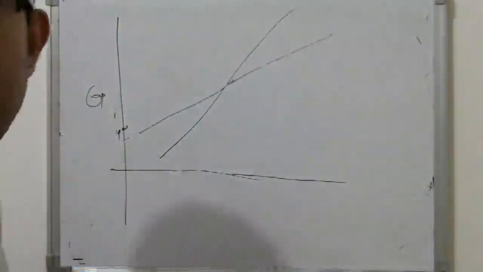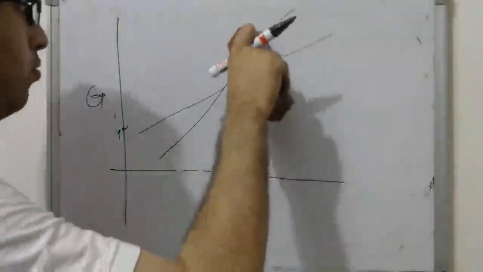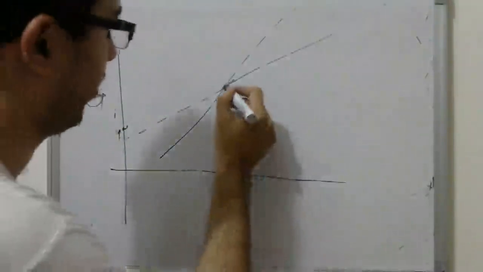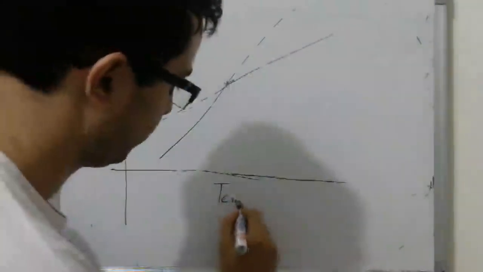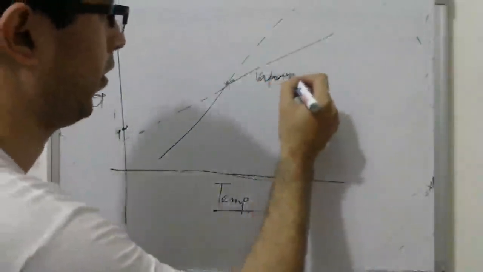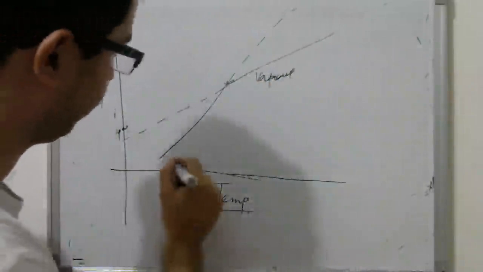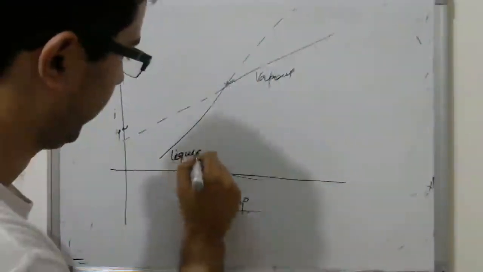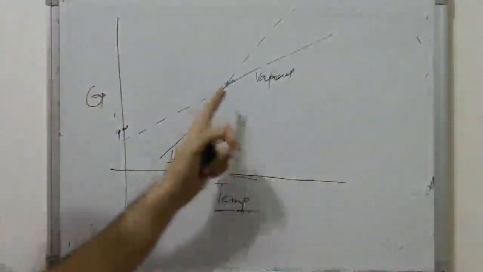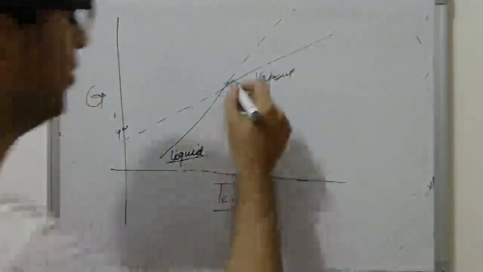I will break this line into dots. It's a plot between free energy and temperature. This is vapor, and let's say this is liquid. It's not steam, always remember. This is a continuous line.